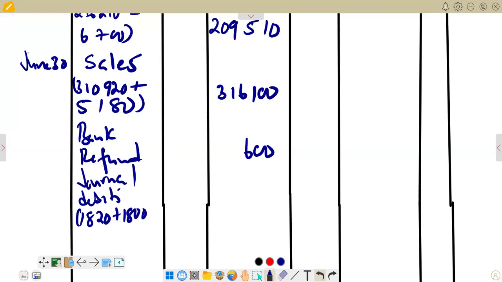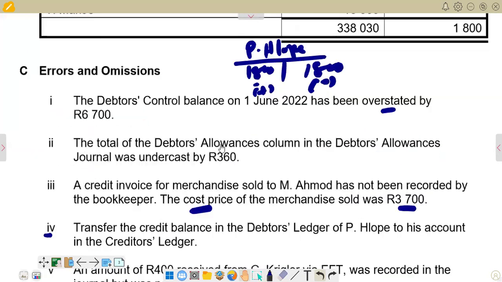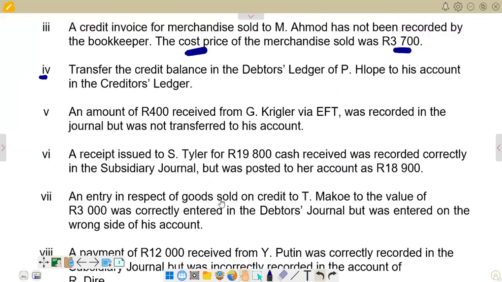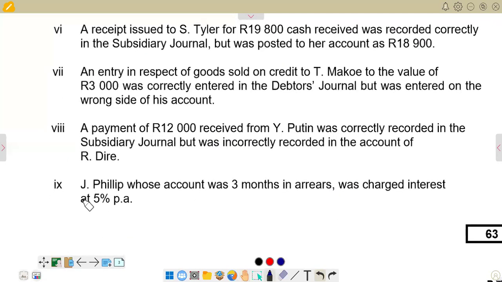And then we check again if you have got anything more that is affecting our journal debits. We go down again to check if we've got anything. So if you go down, you see that we've got something else again that is affecting our journal debits. You come here on the last item, J. Philip, whose account was 3 months in arrears, was charged interest at 5% per annum.